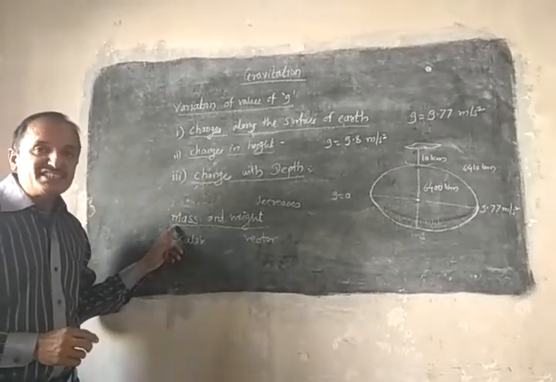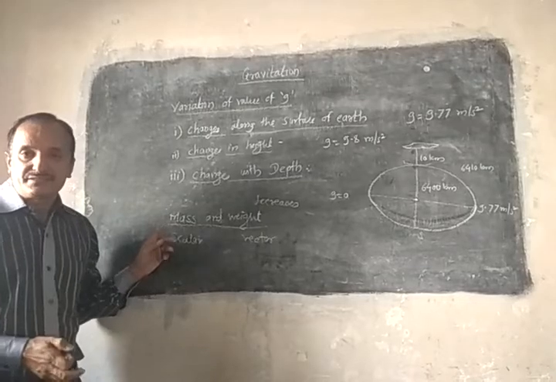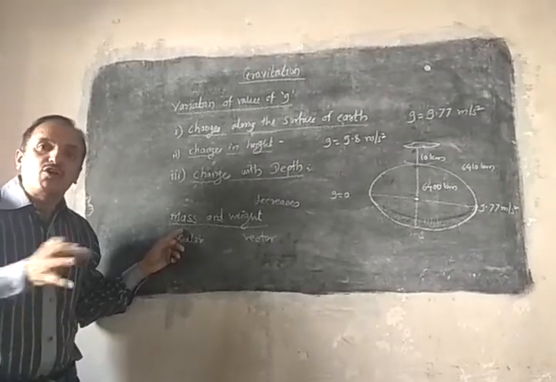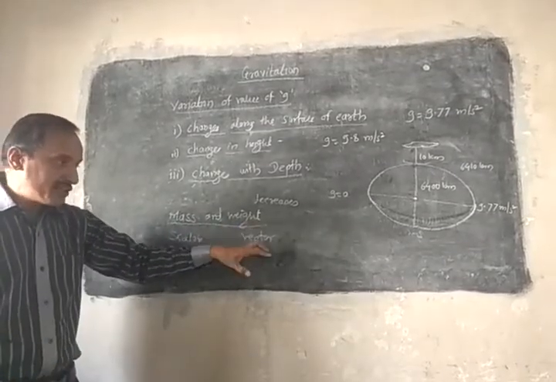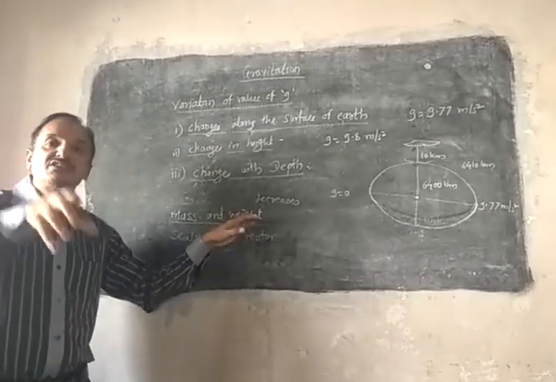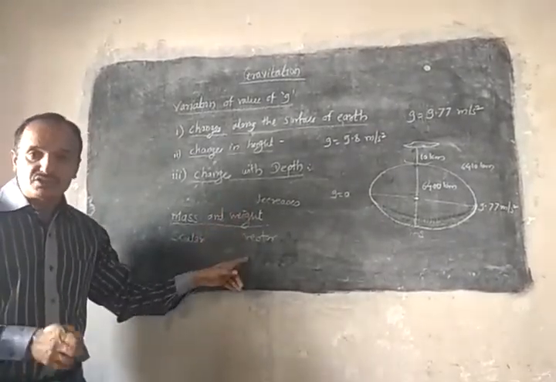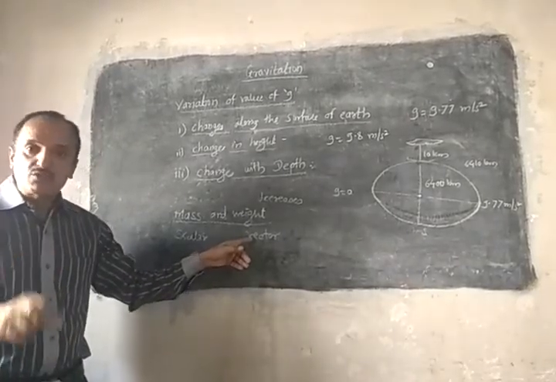Mass means the quantity of matter contained in an object. While weight is the gravitational force which acts on the object. So weight is nothing but the force which acts on the object.